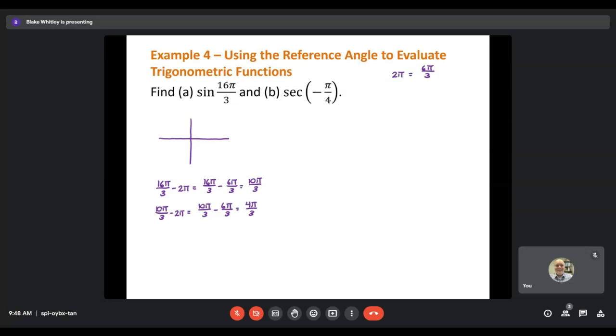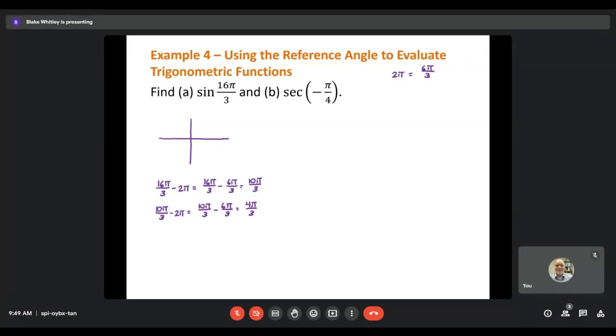So now the only question is, where is 4 pi over 3 actually located? Now, it's kind of up to you. Again, you could convert this back into degrees and think about it that way. That's perfectly fine. I'm going to try to understand where these angles are located without necessarily needing to do that.